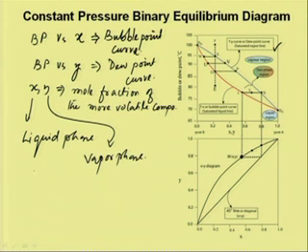The less volatile component would be 1 minus x and 1 minus y.